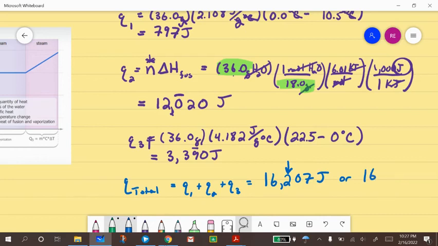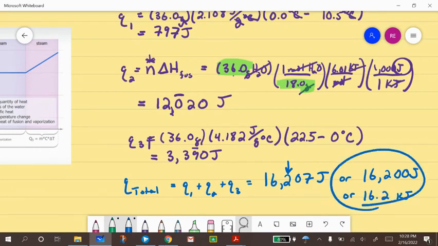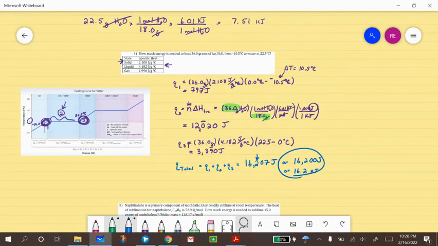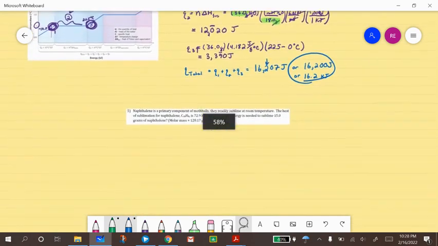So we're going to say 16,200 joules or 16.2 kilojoules. Both of those answers would be perfectly fine. All right, I know that's kind of one monster of a problem, but take a little bit of time, take a look at it. The numbers aren't that bad to deal with, so it could be something you see.